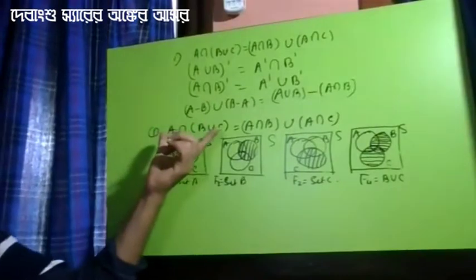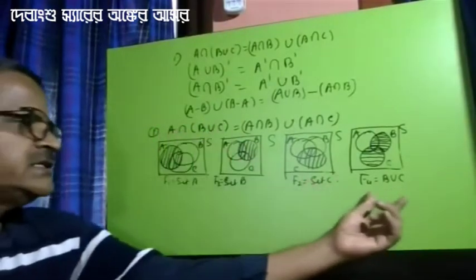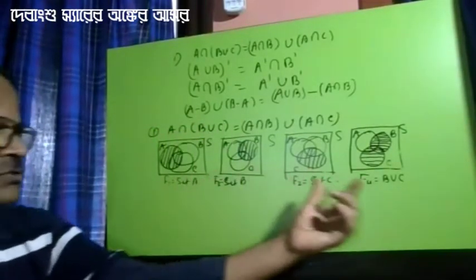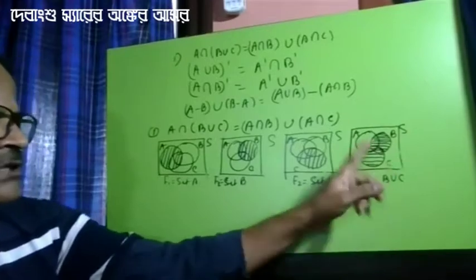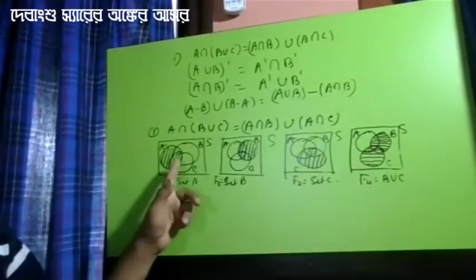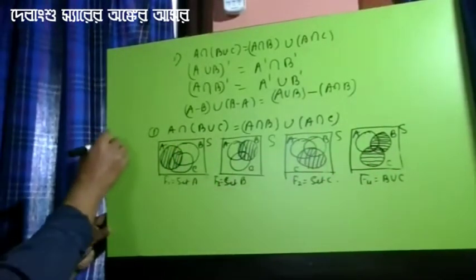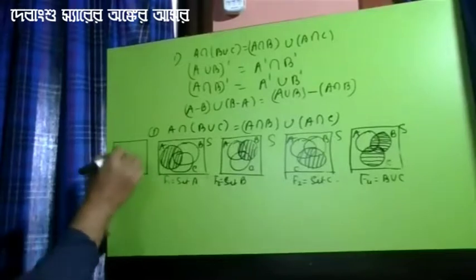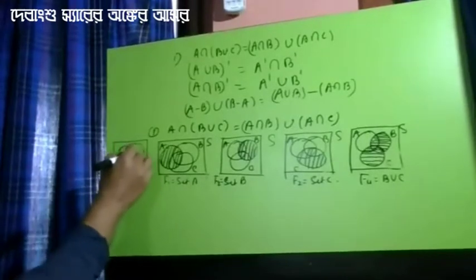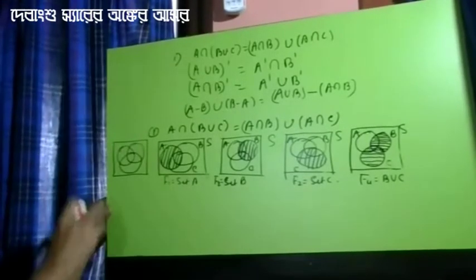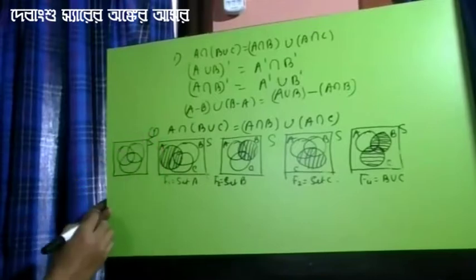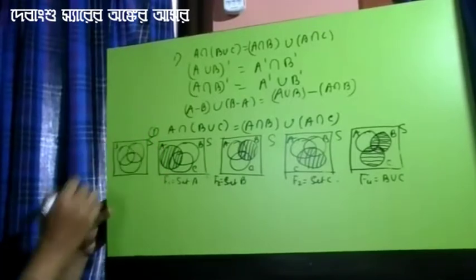Now I will take the intersection of this with this. To find the intersection, you observe which parts are common to these. Now see this diagram. If we draw three circles like this, the total region within S is divided into a few parts.